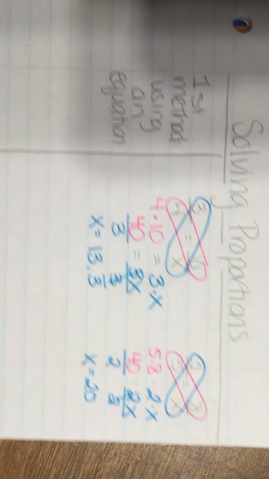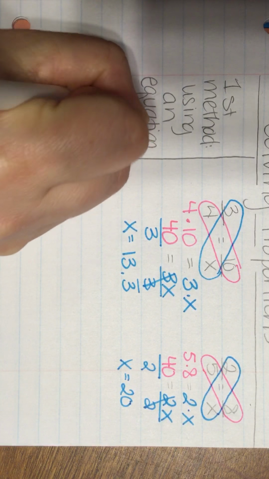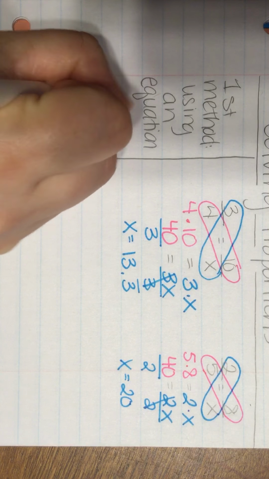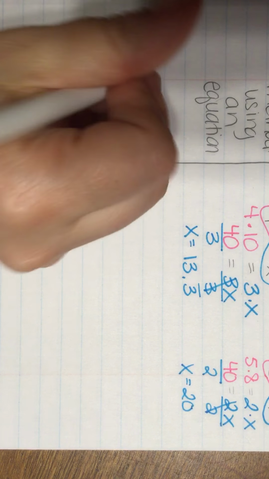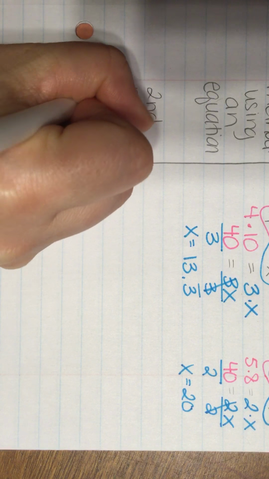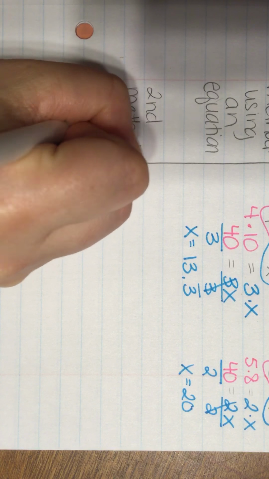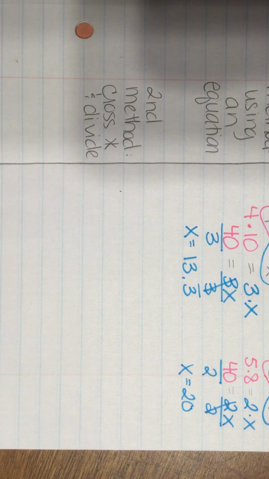Quicker way to do it is just to cross multiply and divide. Okay, so just cross multiply and divide. It is exactly the same thing that you were doing up here. It's just all in one step.